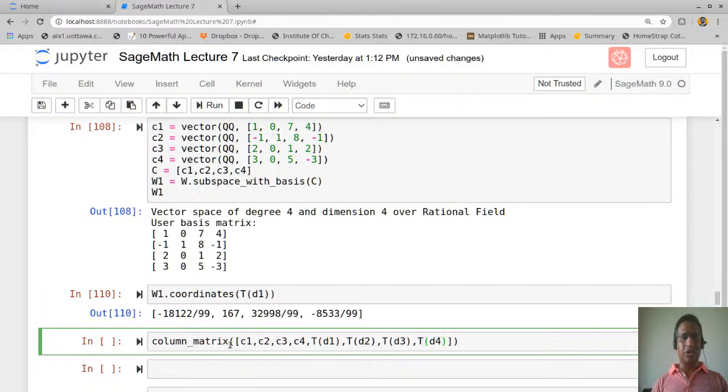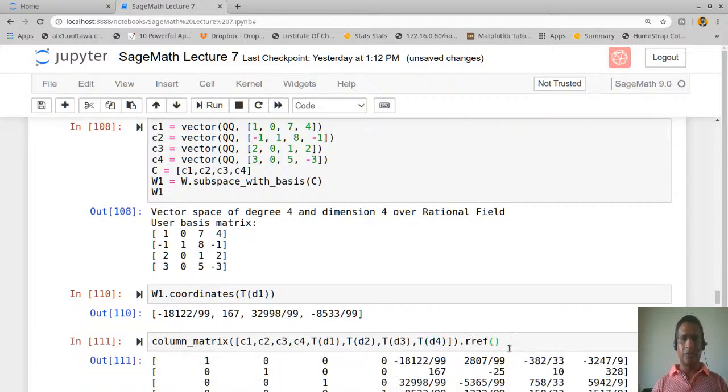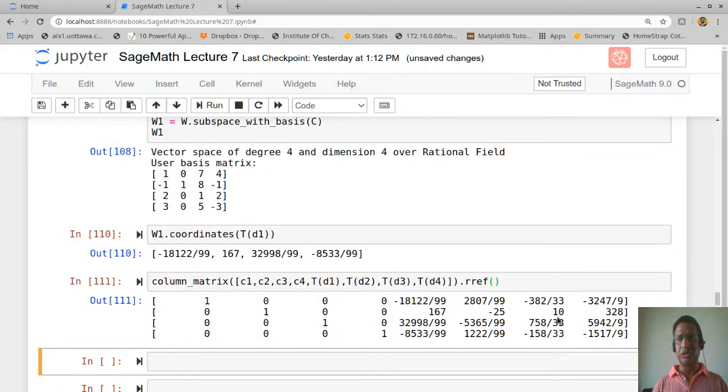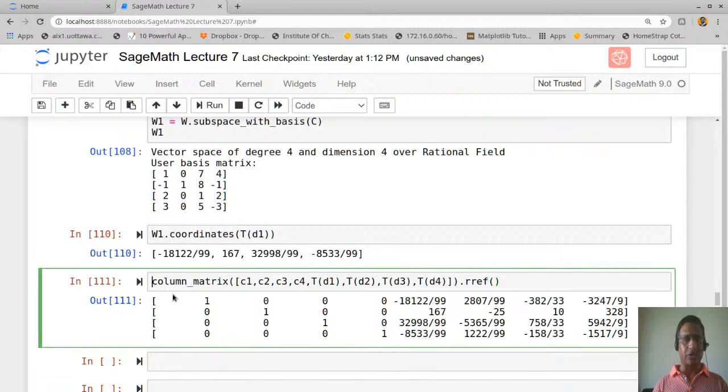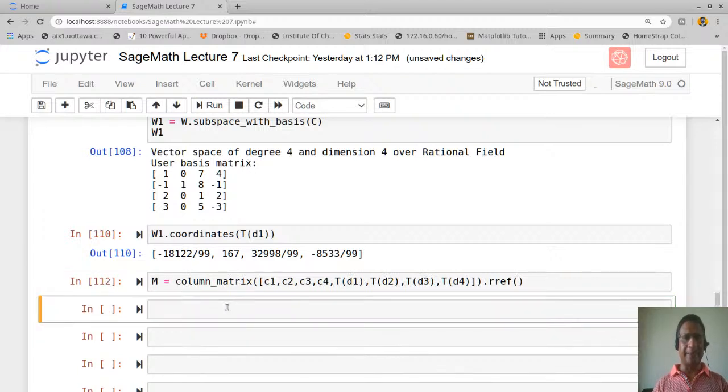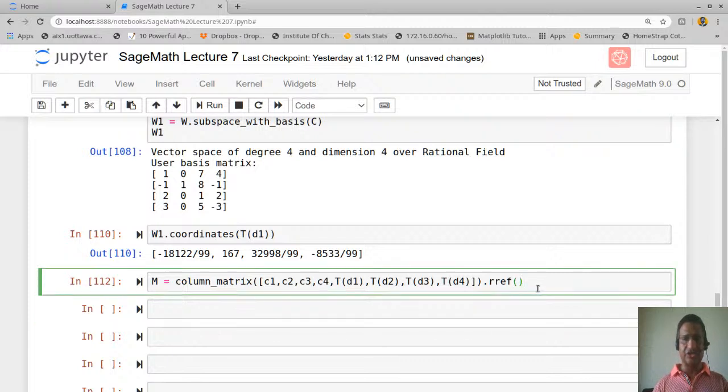Okay, so now what we are going to do, we will apply Rref to this. Okay, and the last 4 columns will be the matrix. So let us extract last 4 columns of this. So let me say this is my matrix M. Now let us extract last 4 columns.